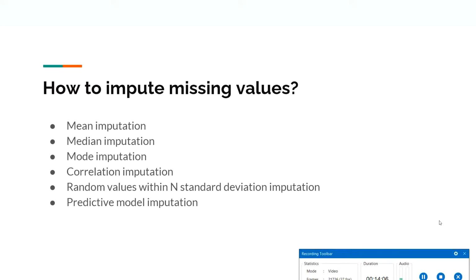So for example, let's say you have column A and column B. Column A does not have missing values, but column B has some 5% missing values. Now, I can use column A to fill the missing values in column B if there is any relation between column A and column B values. For example, let's say you have a height column and a weight column, and we know beforehand there is a strong correlation between height and weight, and there are some missing values in the weight column.